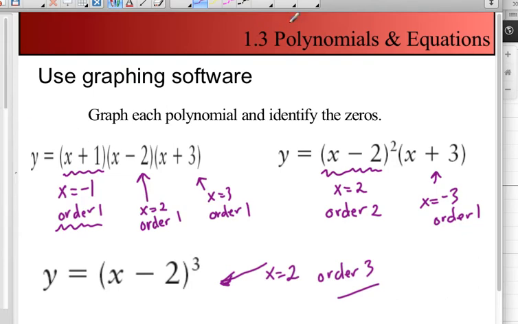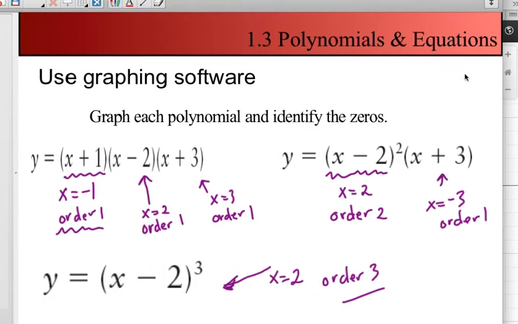Notice the graphs. Let me go back and have a quick peek at the graphs. They're important. There we go.